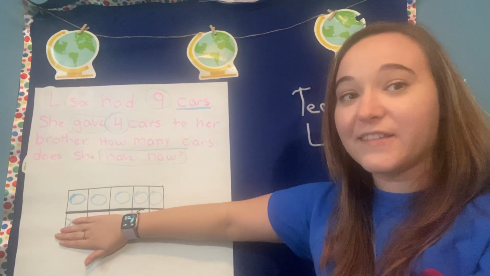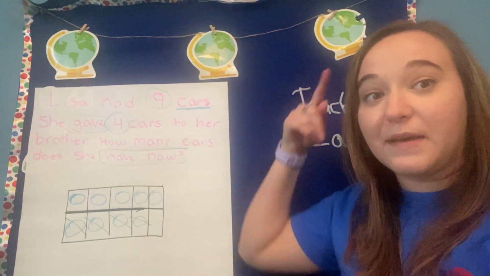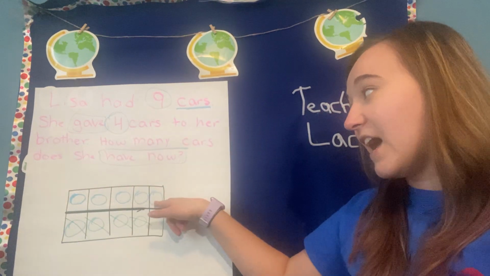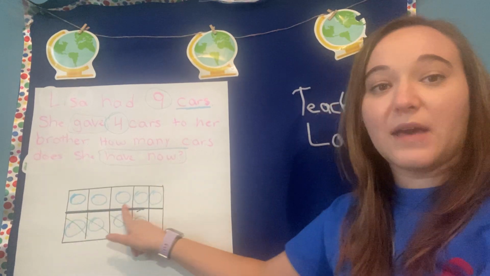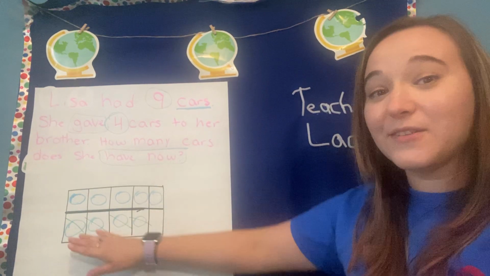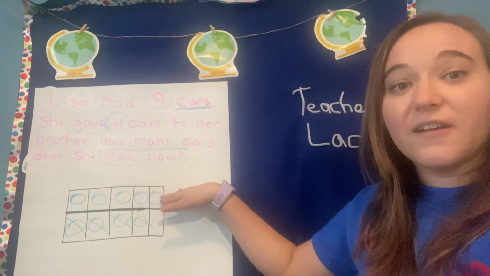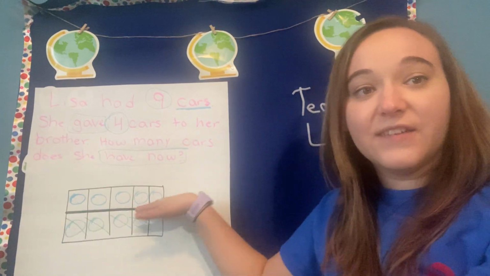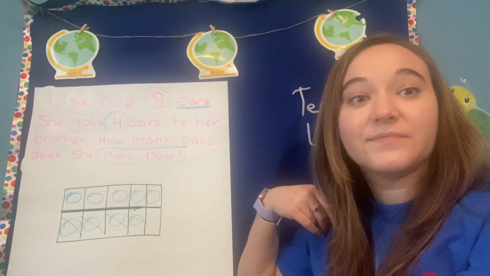So if I got rid of everything on the bottom, do I have to recount to know what my total is? Or should I know in my head that there are 5 boxes on the top and how many circles are in those boxes? 5. So I don't even need to count because I know that if all these boxes are filled in, there are 5 circles.